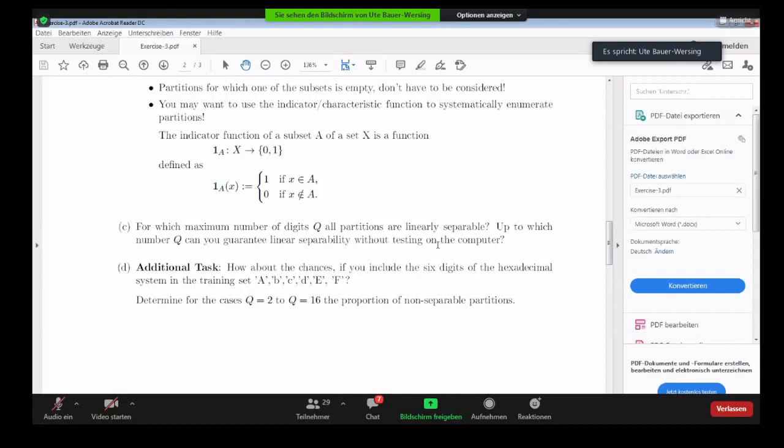And we can look at these partitions, right? Now the question is, up to which number of Q we don't have to test if the partitions are linearly separable. Is there any idea what the question is about and about the answer?